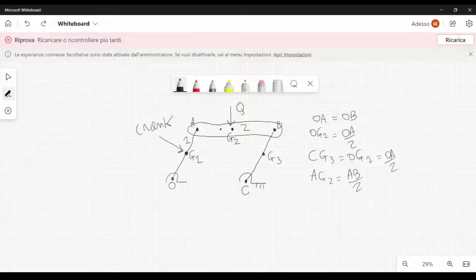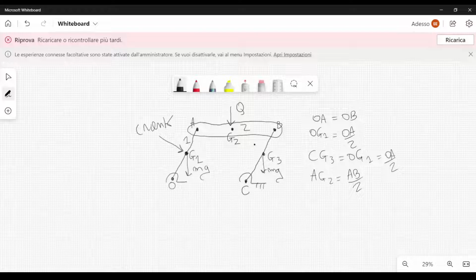And then we also have some actions due to the weight of these rods. So there is some force here, which is the mass of this first rod times g, applied at this point G1. Similarly, here we have mg, and the masses of the cranks will be the same. That's what I assume.